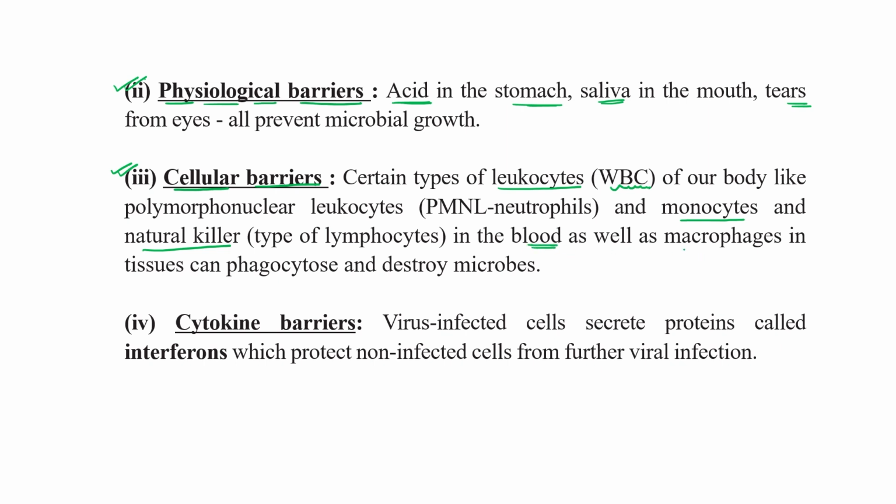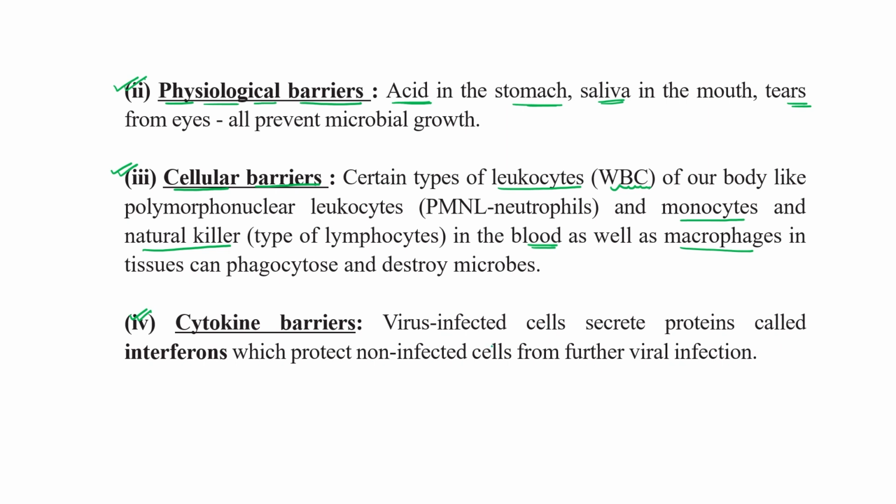Some, like macrophages, are found in our tissue and can phagocytose microbes or pathogens and destroy them. So they also provide us a kind of immunity. They directly fight with the microorganisms, right? And the last one is the cytokine barrier.